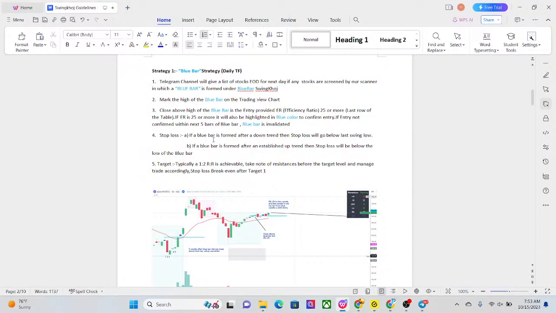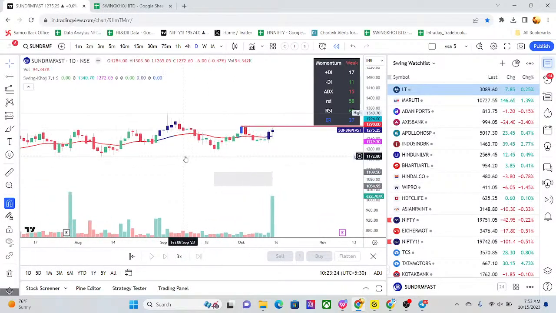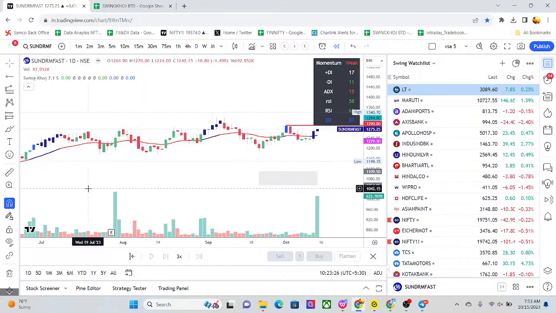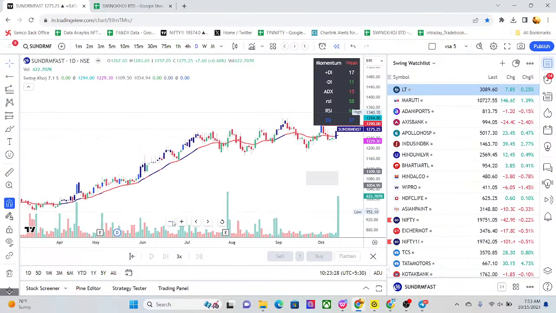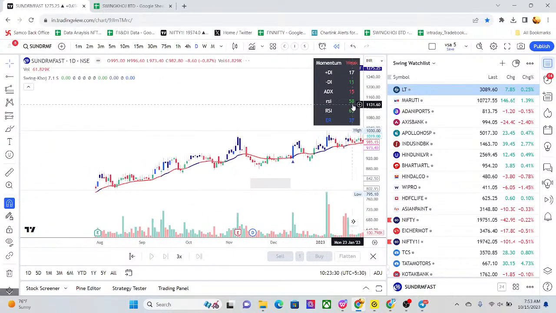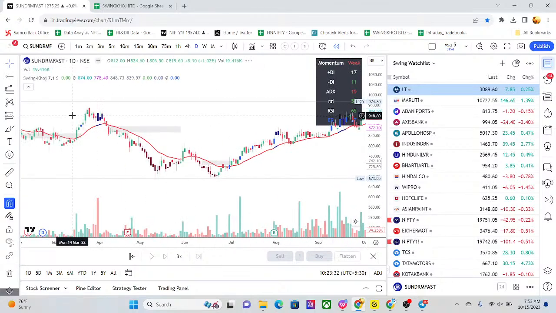Stop loss. If a blue bar is formed in a downtrend, then the stop loss will go below the last swing low. If a blue bar is formed in an established uptrend, then the stop loss will be below the low of the blue bar. So for example, see, it is an uptrend, right? Established uptrend. It's not a downtrend. For example, after a downtrend, a blue bar is formed.